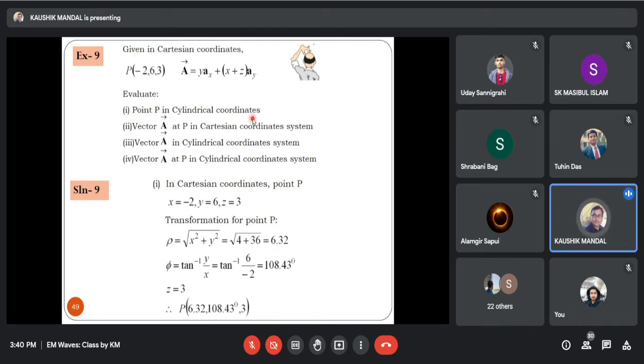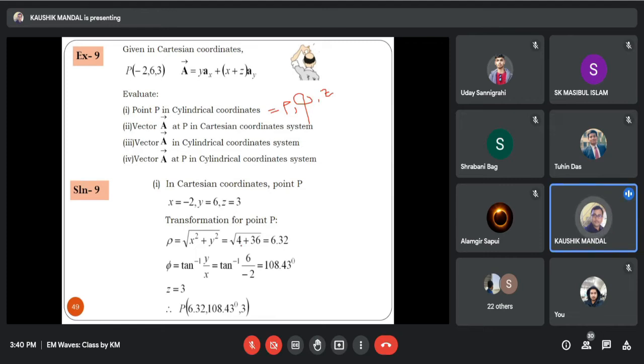How do we represent P? P equal to rho, phi, and z. So one by one, we know rho equal to root of x square plus y square.